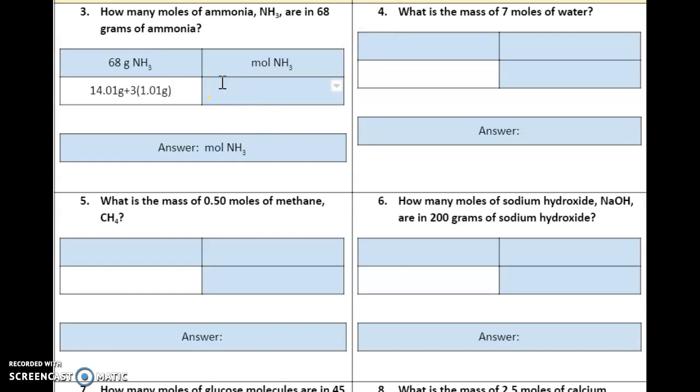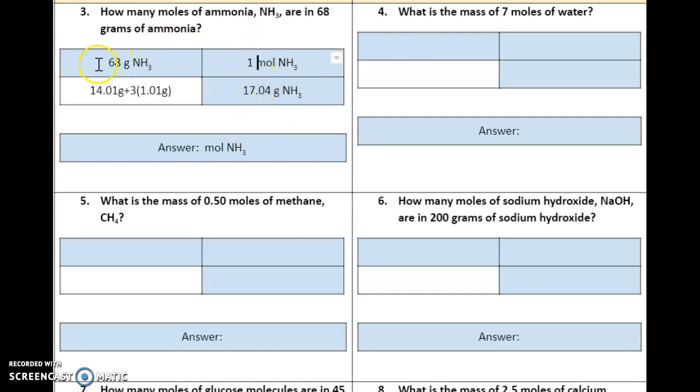So our mass for ammonia is 17.04 grams of NH3. You'll notice every time I put the quantity, I put the unit, either grams or moles, and then the chemical formula. So for every 1 mole of ammonia, it has a weight of 17.04 grams.